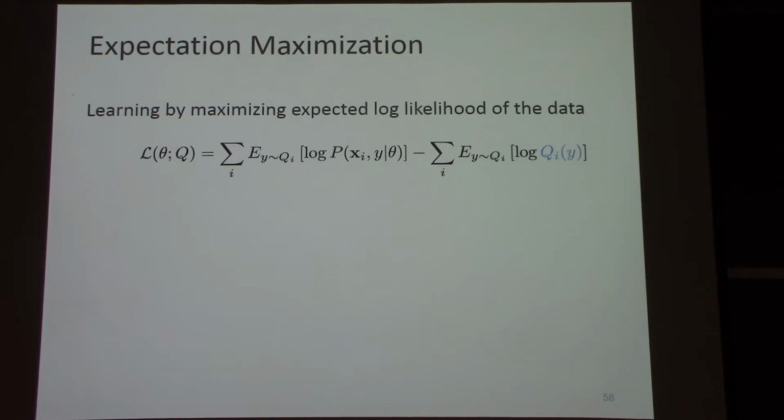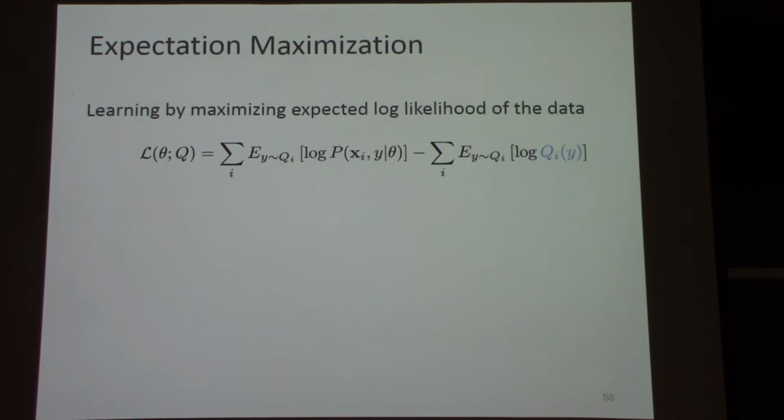So what we plan to do now is repeatedly maximize functions of this kind for different choices of Q, with the hope that at the end, the theta that maximizes this function is a good enough theta for the original log likelihood of the data.